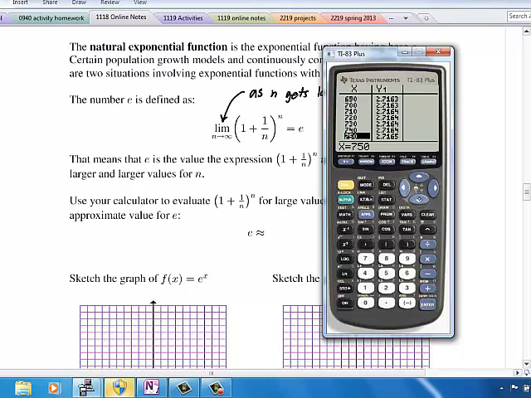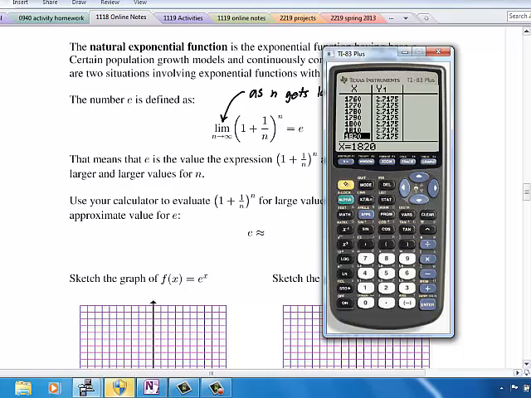The hundredths place is staying pretty steady. Just scrolling down, nothing's changing too much. They're still changing in the 10,000ths place, it looks like.